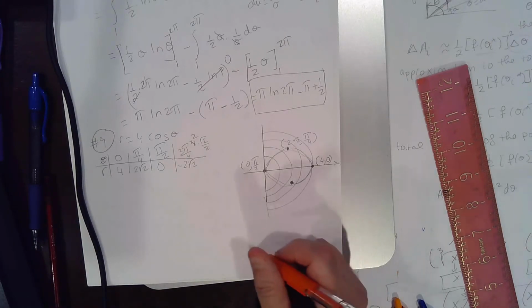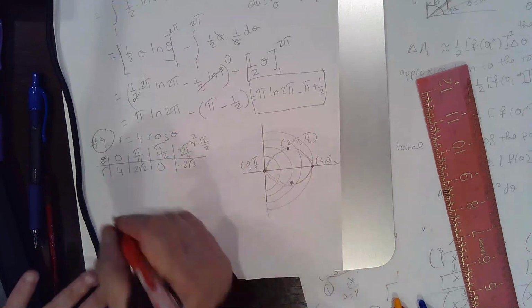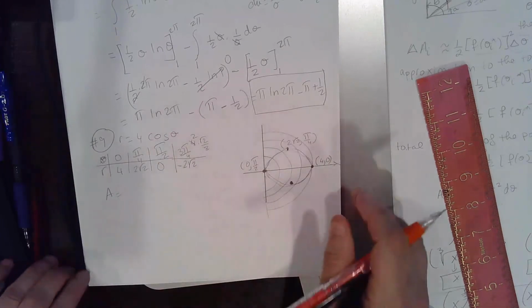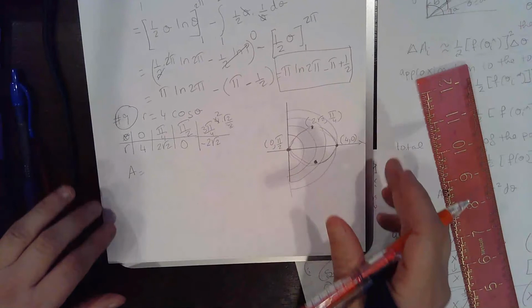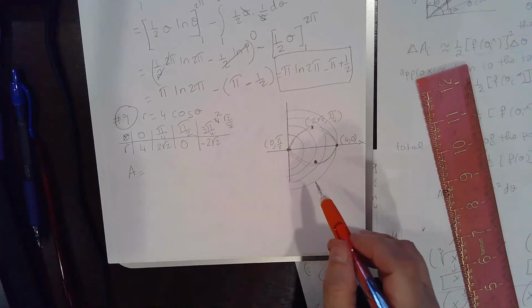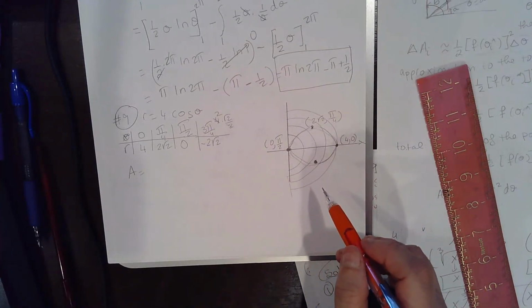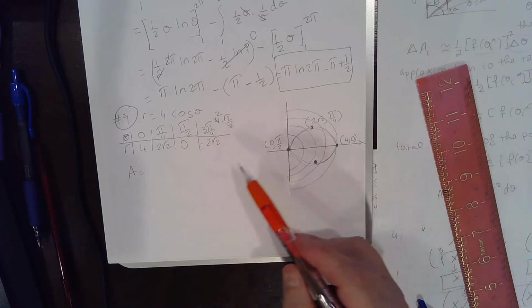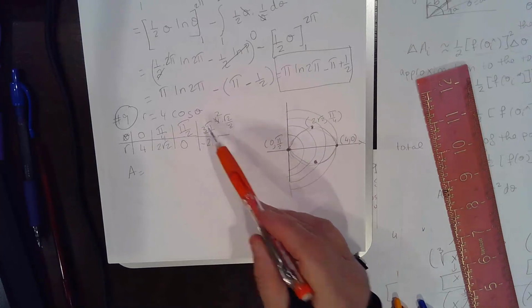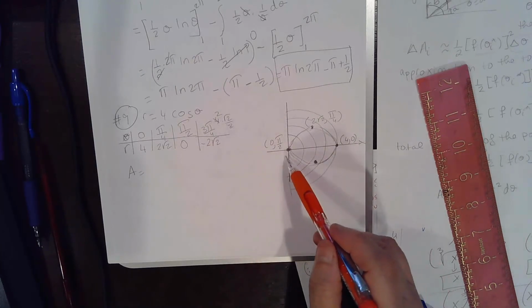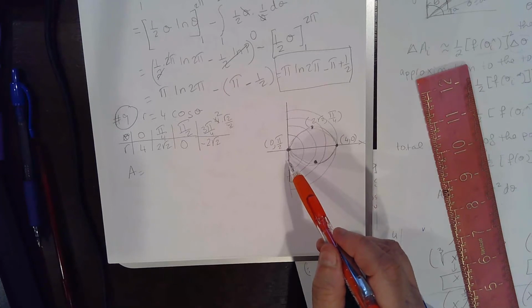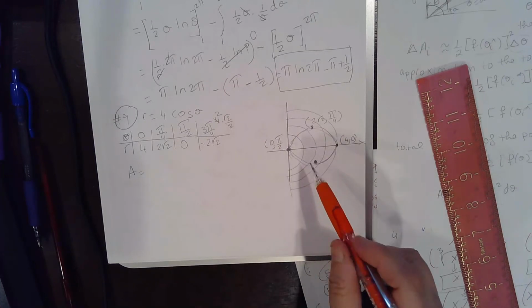Now we can easily find the area. What is the area? Well, because they want us to sketch the curve and find the area that it encloses, the area is bounded by r, which is 4 cosine theta, for theta from 0 to pi.